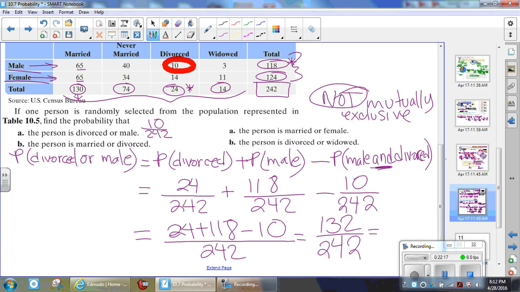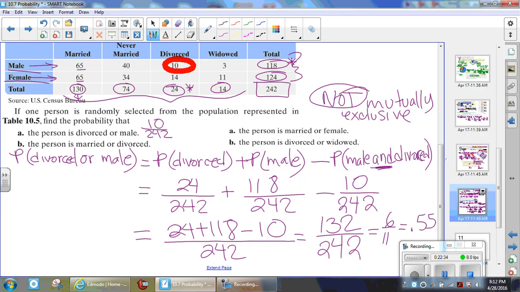And if we reduce this, we will get 6/11. And as a decimal, approximately 0.55.